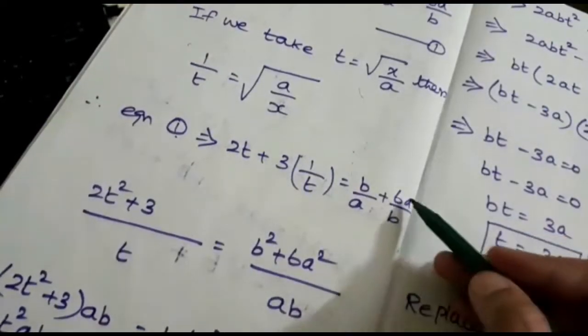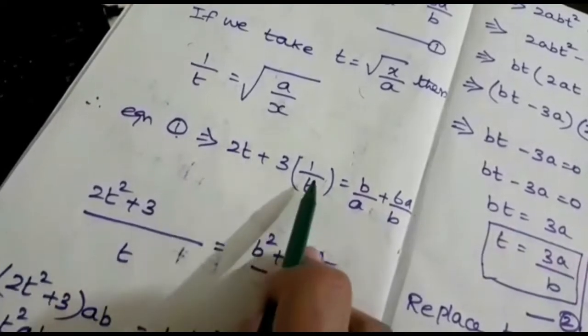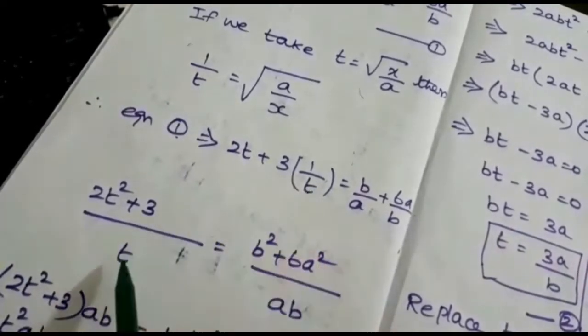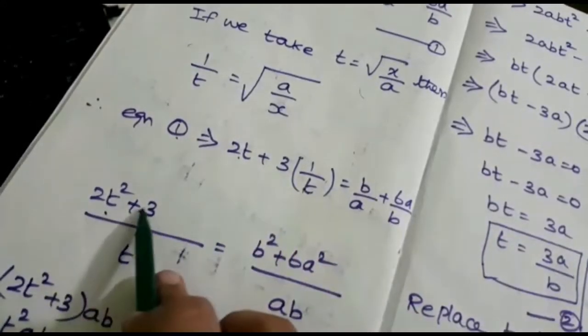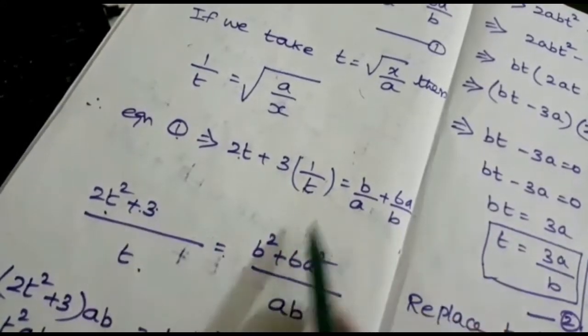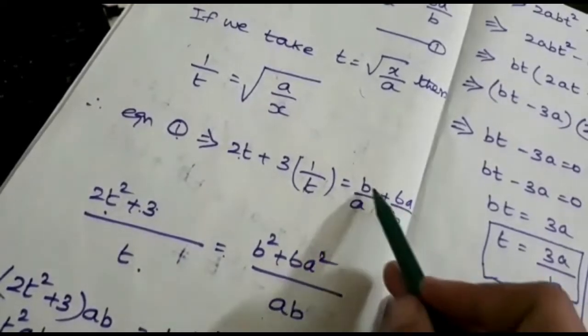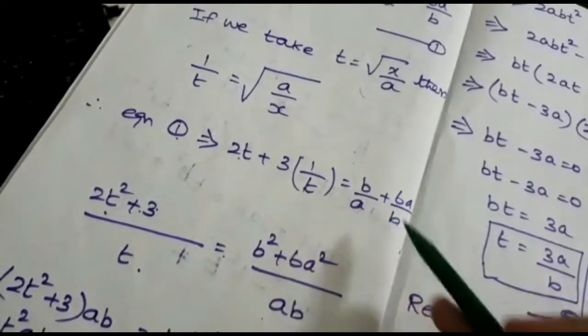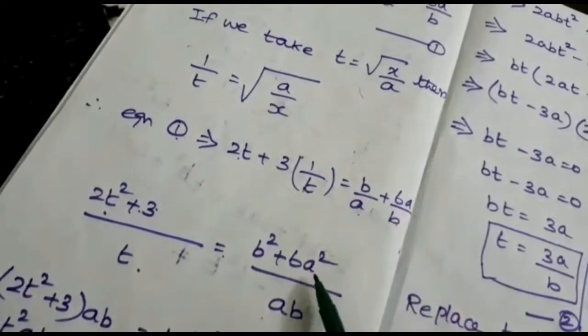b by a plus 6a by b. So I can write as t, I can take as LCM. T is LCM. So t into t is 2t square plus 3 is equal to, if I am taking AB as LCM, so this will go to cross multiplication. So b into b square plus 6a square.